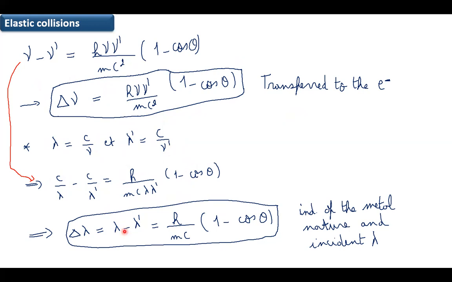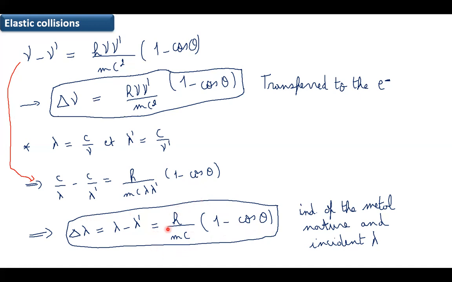So you can find lambda prime minus lambda, which is delta lambda, the difference of wavelengths during this collision, which is equal to h over m c times (1 minus cosine theta). This is the difference of the wavelengths between the incident photon and the diffused photon after the collision.